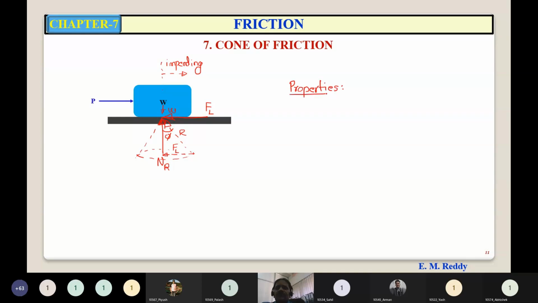So what are the properties of cone of friction? The base radius of the cone of friction gives you the limiting friction, right? This radius is the limiting friction. Then semi-apex angle, semi-vertex angle of this cone is the angle of friction, right? This is phi.